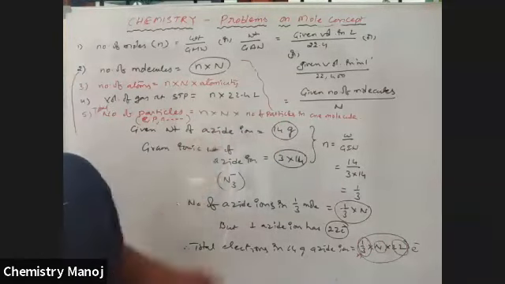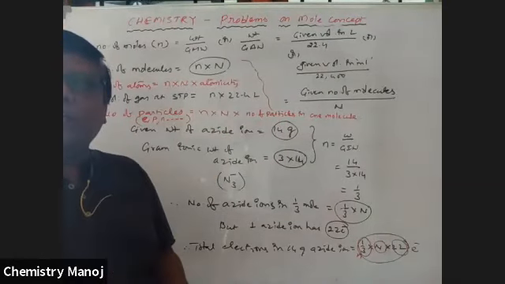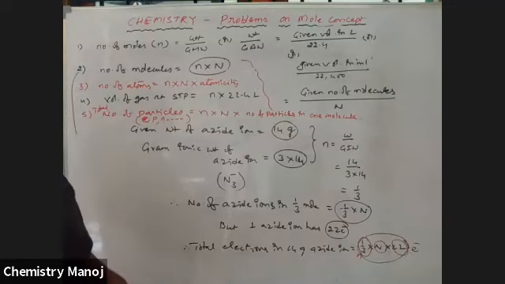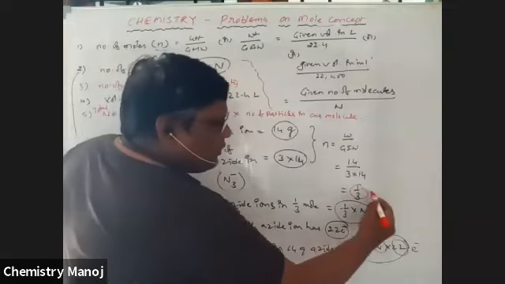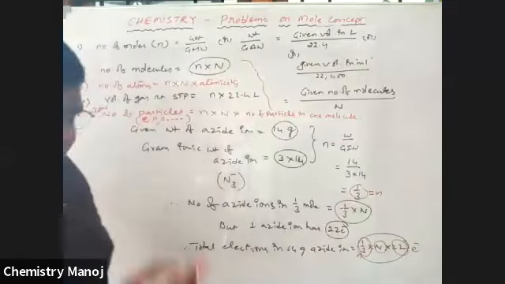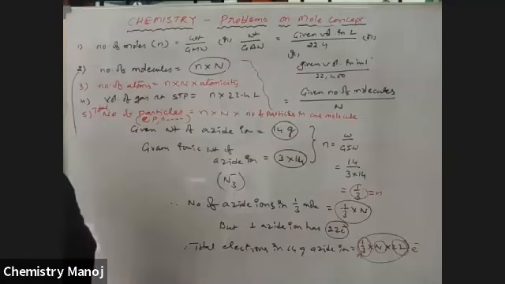Why is n not taken in total? This 1 by 3 is nothing but n. I am taking n here. You don't worry.